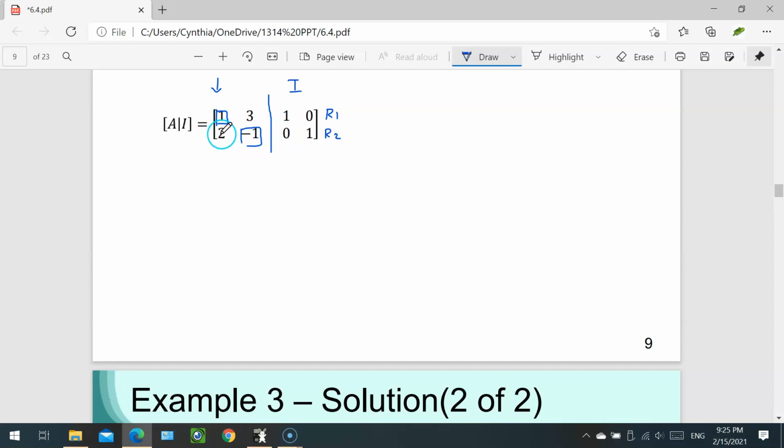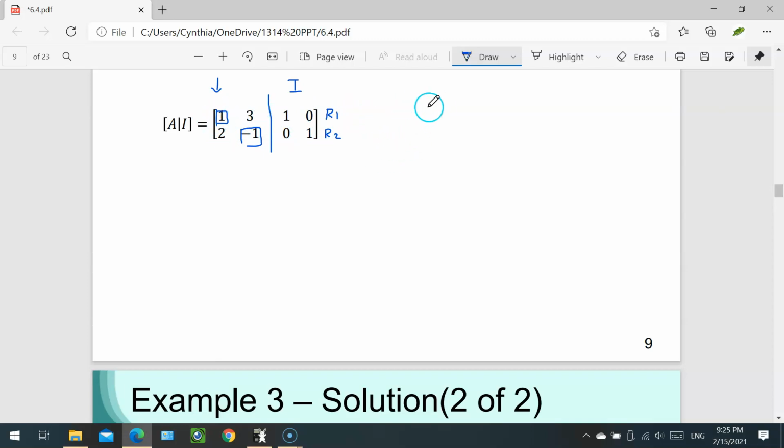So how can I make the 2 turn to the 0? I mean, we need to minus 2, right? And we use this 1 as a pivot to multiply with a number, and that number will be able to get rid of the 2. So let me show you the work. The idea is we want to multiply negative 2 to the row 1.